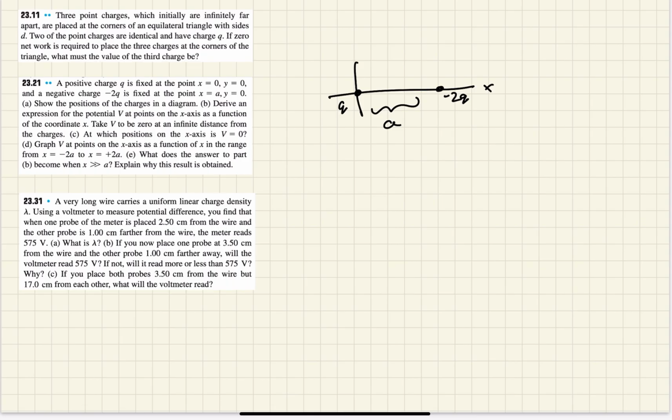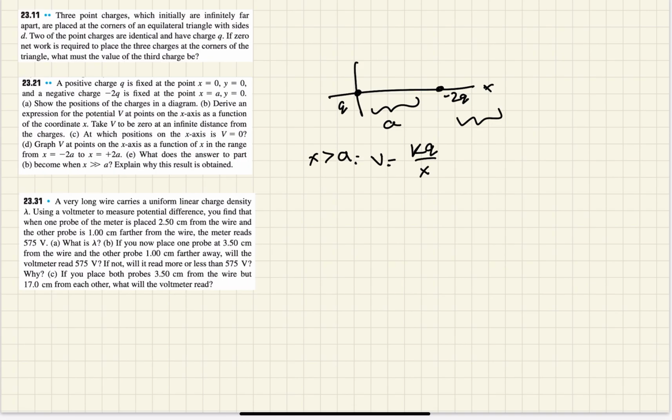All right, let's make different cases. First of all, if x is greater than a, the potential from this point is equal to kQ over the distance, or r, and in this case, r is x, because it's this far away, just the distance from the origin.